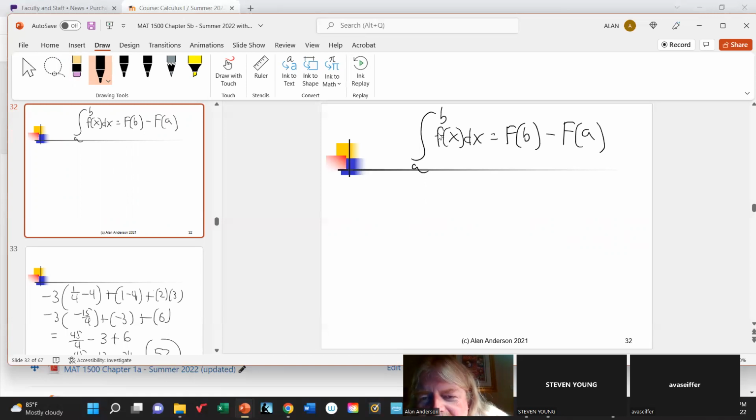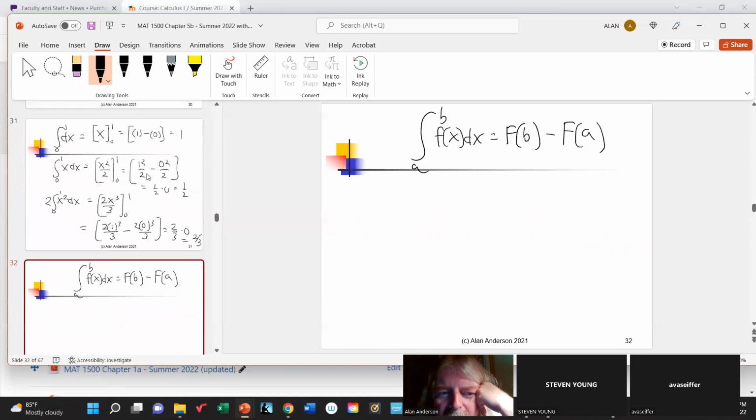And so, you can see this definition, but when you do it a few times you start to realize what exactly we are doing here. We're taking the antiderivative twice, evaluating it first at b, then evaluating it at a, and then subtracting one from the other. So that's what this is all about.